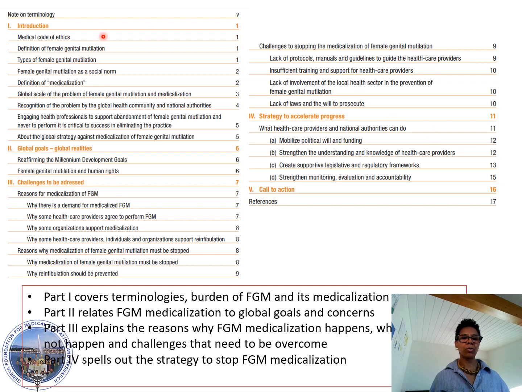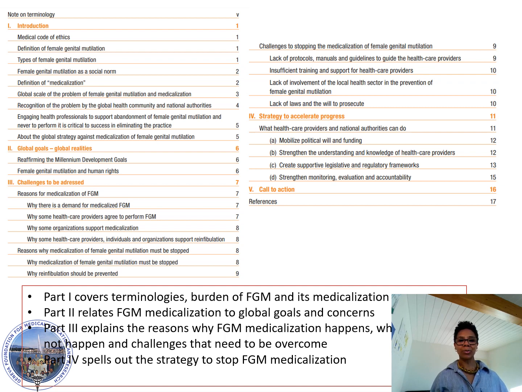And this is what it looks like from inside. It's 4 chapters. Part 1 covers the terminologies and the burden of FGM and its medicalization, while part 2 relates to the global goals and the concerns around FGM medicalization. Part 3 explains why FGM medicalization happens.